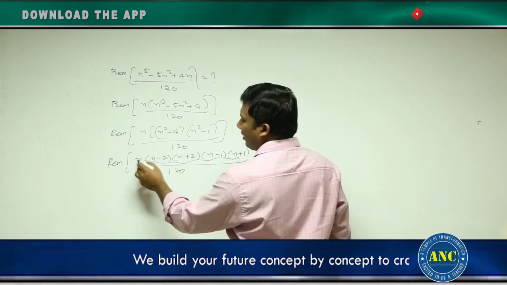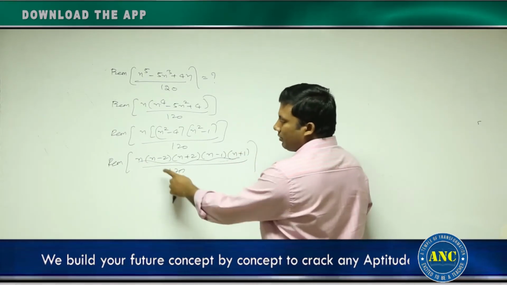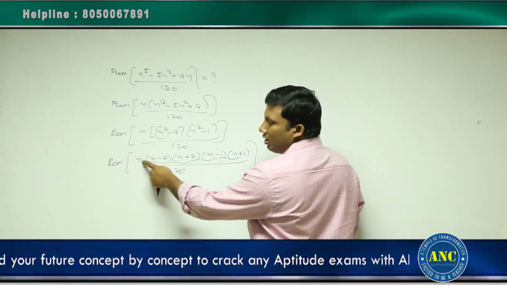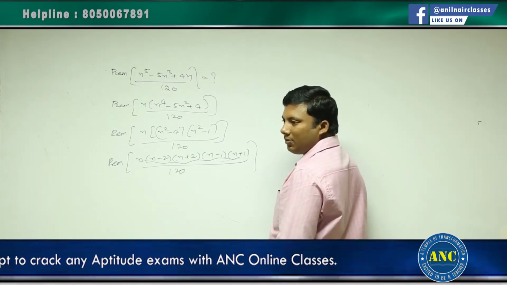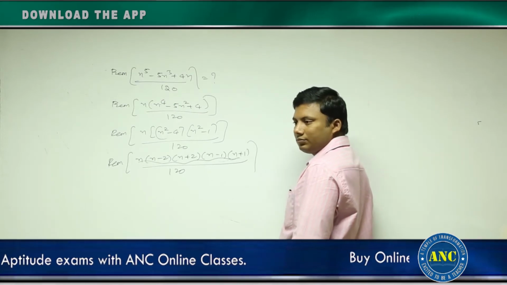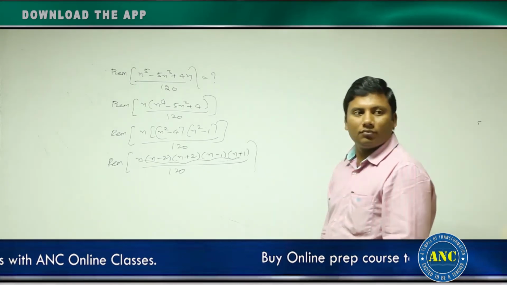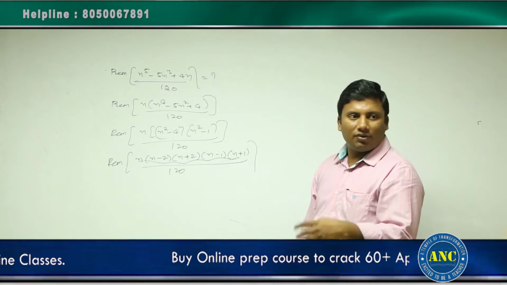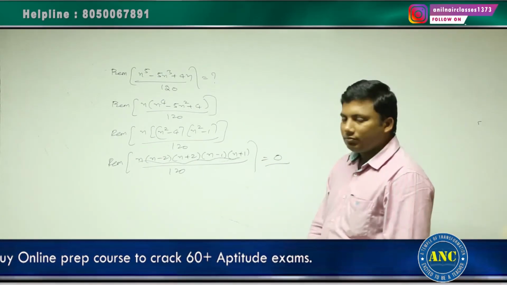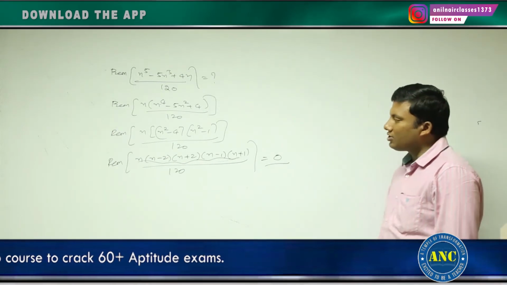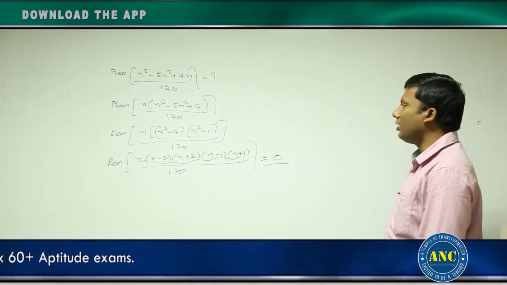Can I say these are 5 consecutive numbers? n minus 2, n minus 1, n, n plus 1, n plus 2. The product of 5 consecutive numbers is always divisible by 120, right? 1, 2, 3, 4, 5 gives 120. 120 divided by 120, remainder 0. Product of any 5 consecutive numbers is always divisible by 120.